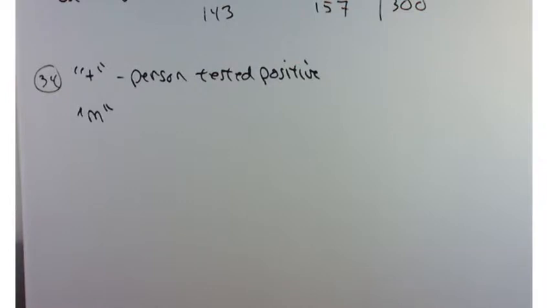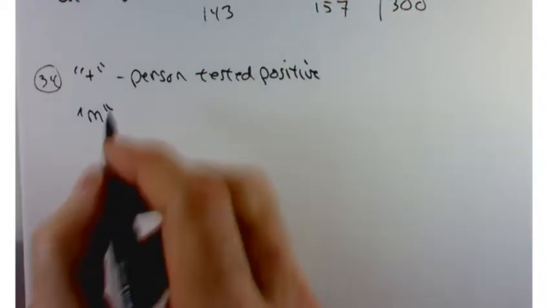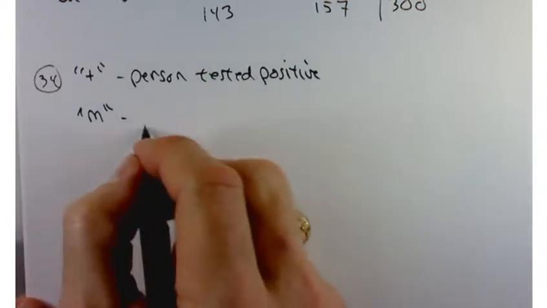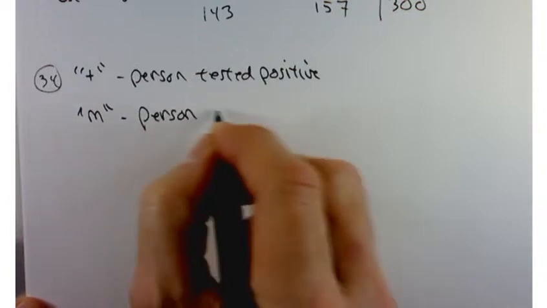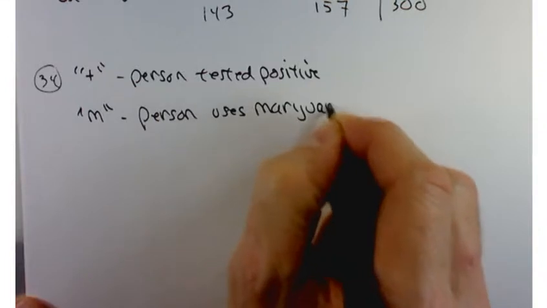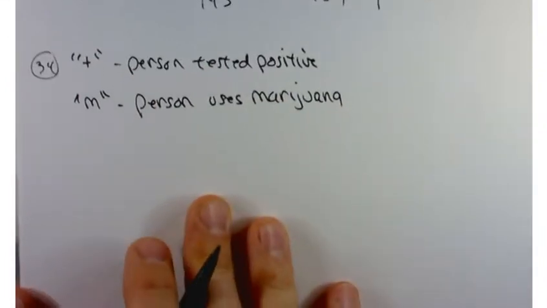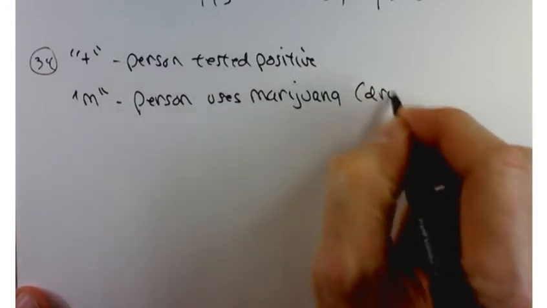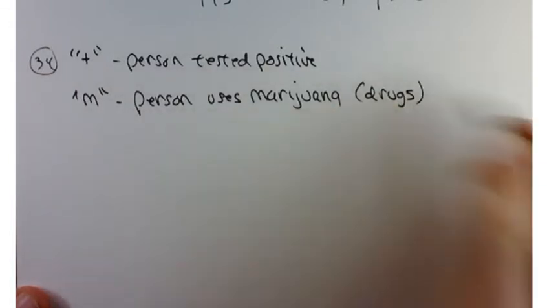I don't know, it seems like it should be a little more in accordance with what the problem says. In any case, M is the event that the person uses marijuana, and we'll just lump that into the larger category of drugs.